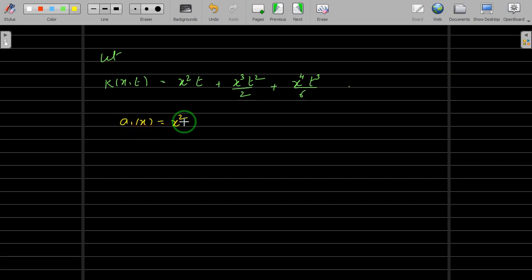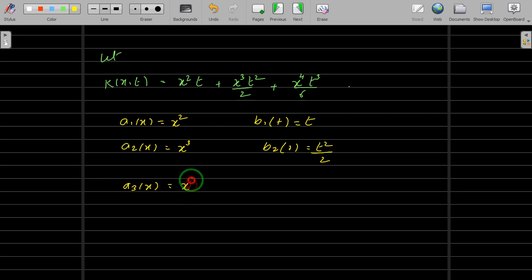So a1(x) is x squared, b1(t) is t, then a2(x) is x cubed, b2(t) is t squared by 2. Either you can take this 2 with x cubed or with the t function; it all depends on your calculation.